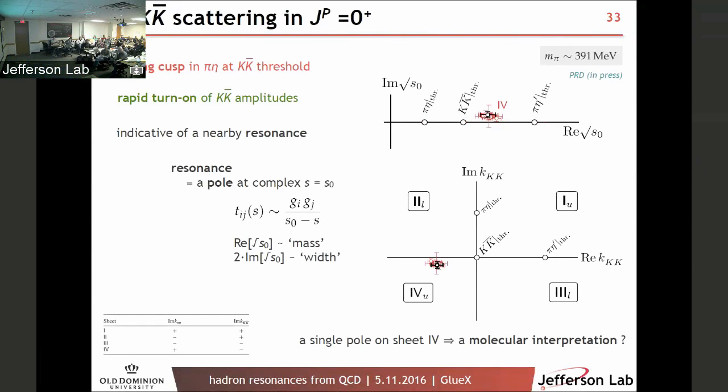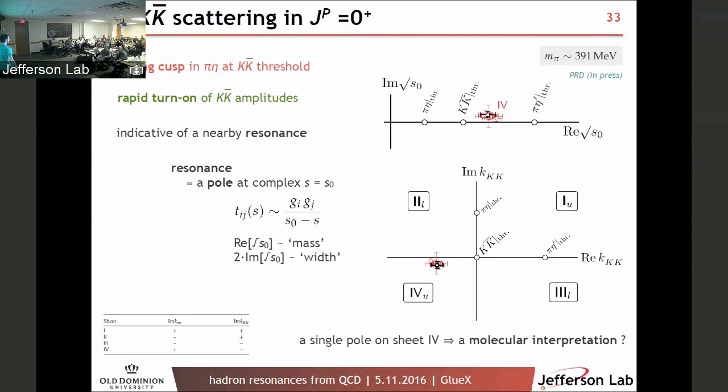And every one that was capable of describing the finite volume spectrum with a reasonable chi-squared gave me basically the same amplitude plots you saw previously. And what's more, when I examine each one to see does it have a pole, they all do, and they're all in the same place.